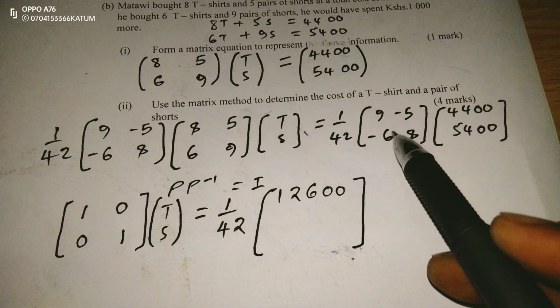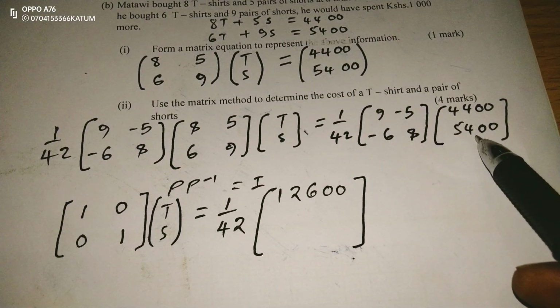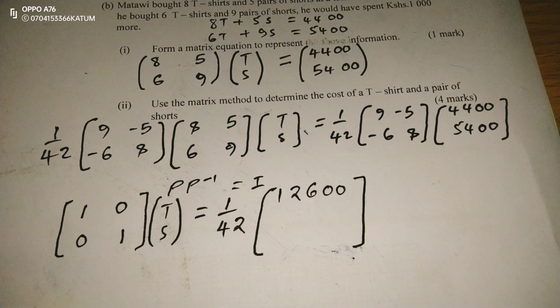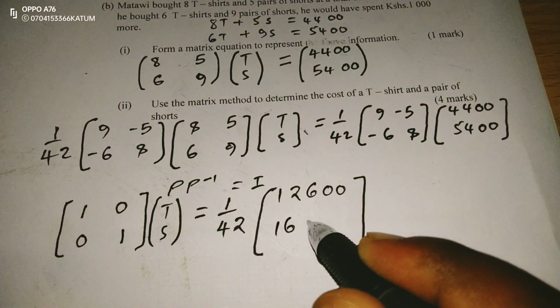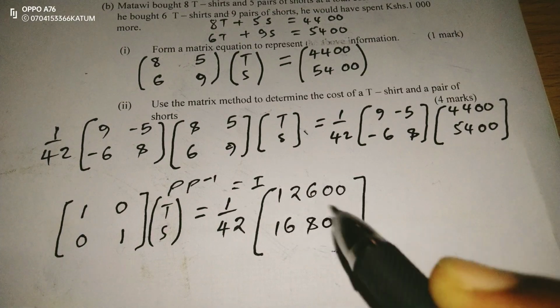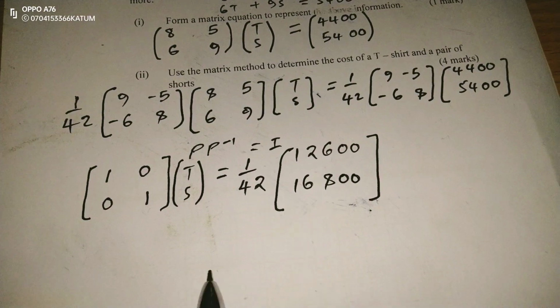Then we are also going to have negative 6 by 4400 and 8 by 5400. So we begin with negative 6 into 4400 plus 8 into 5400. This is giving me 16800. So we're going to divide each by 42.